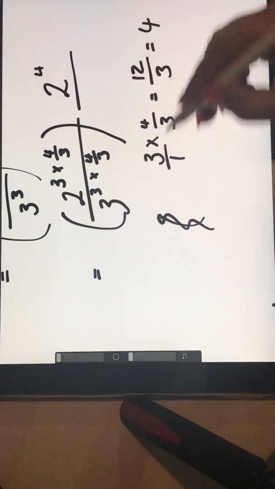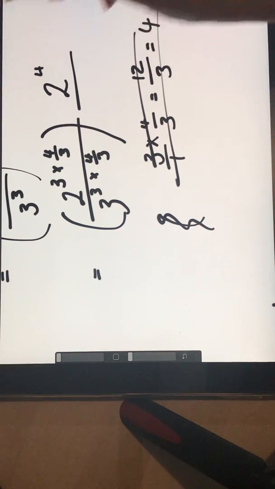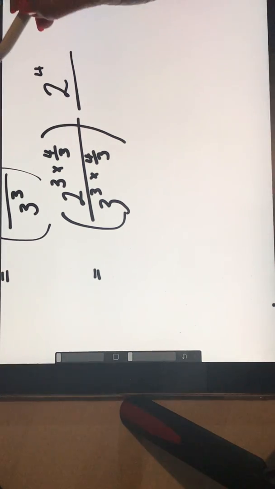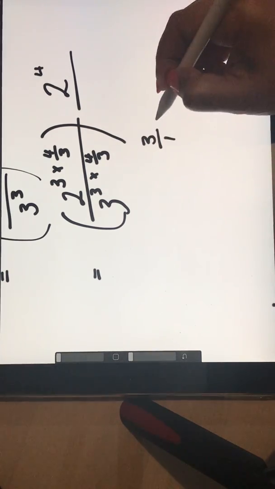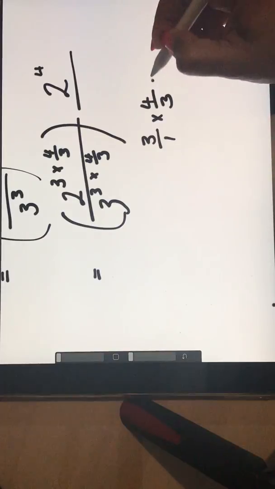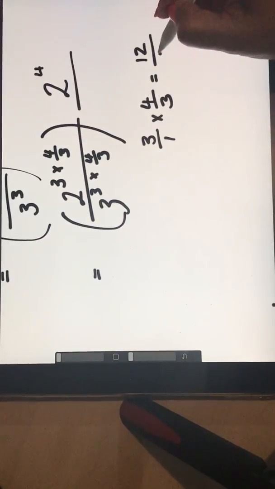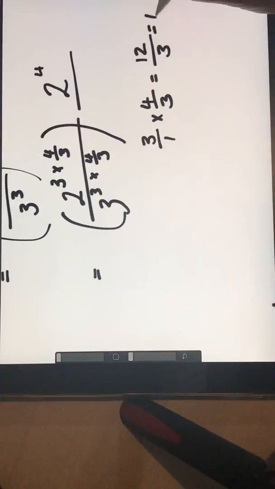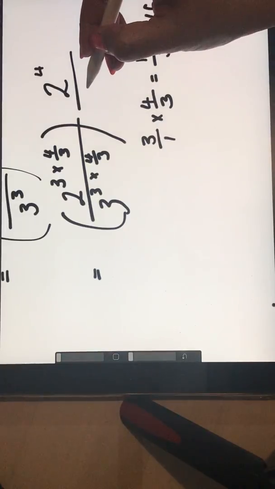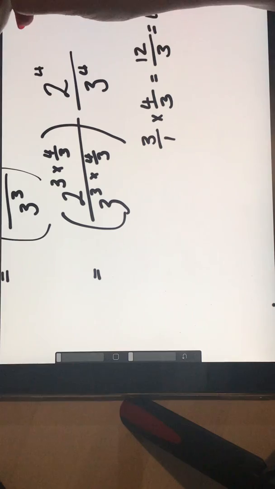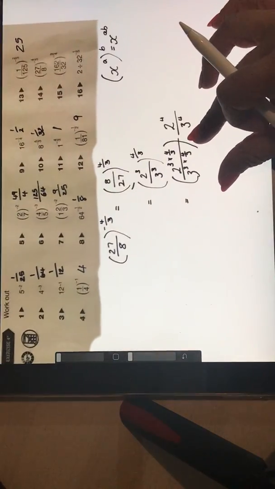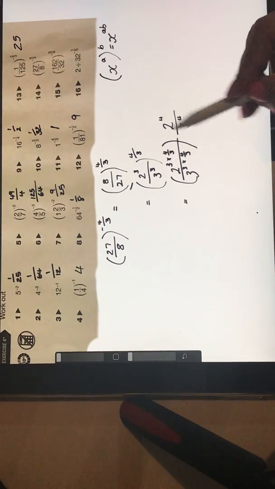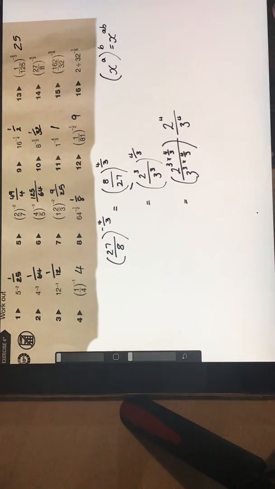And if we look at the indices, if we've got 3 over 1 times 4 over 3, we get 3 times 4 is 12 over 3, which is equal to 4 again. So we've got 3 to the power of 4 at the bottom. And this makes it a lot simpler to work it out like this than to work out the whole thing otherwise.